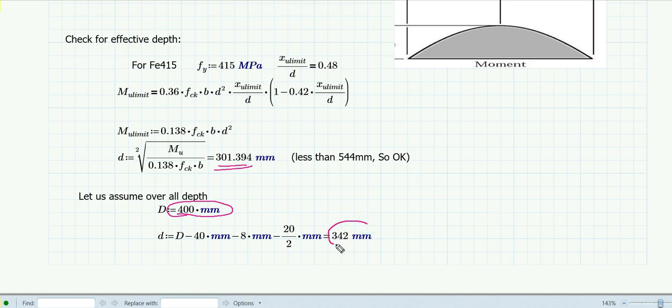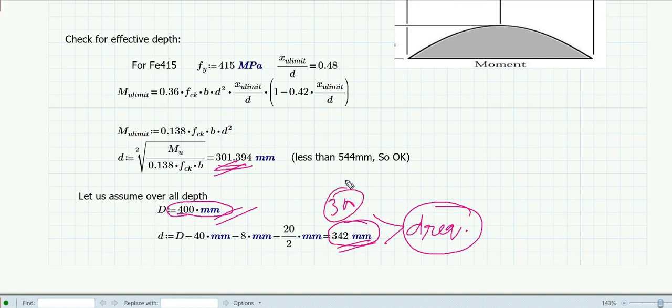suppose 342 for this assumed 400 mm overall depth, and it should be more than this D required. It should always be more than the required, it cannot be less than the required. If I find that this is 300 or 290, then it will not be acceptable.